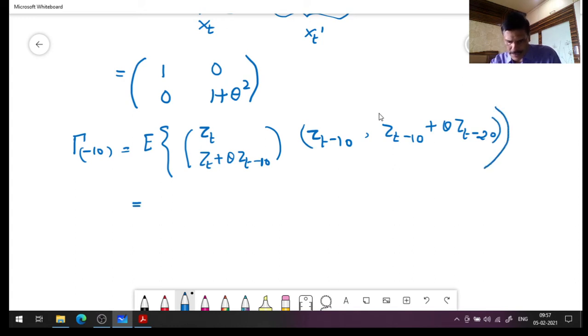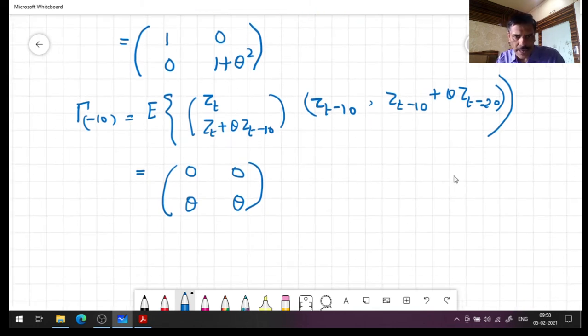Now we can see that this is 0, this is also 0, this is theta, because this will be 1, this is 0, this is 0, this is theta, and this is 0. So my answer is 0, 0, theta, theta.